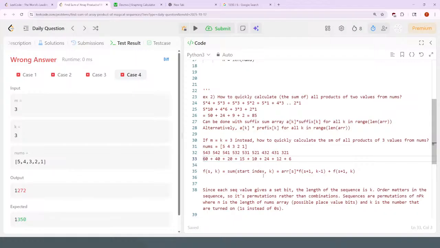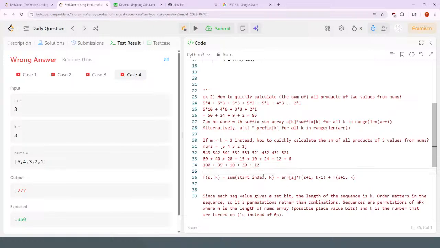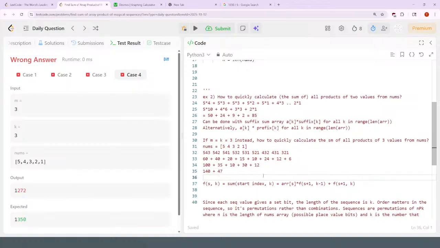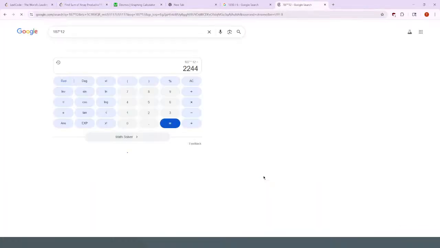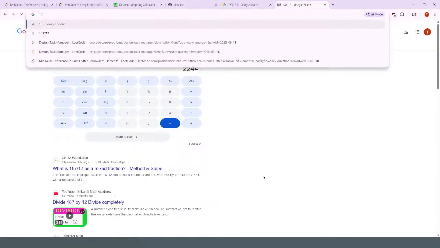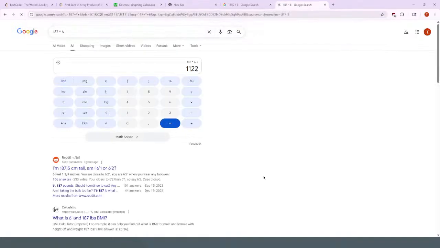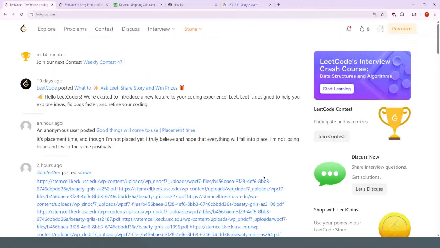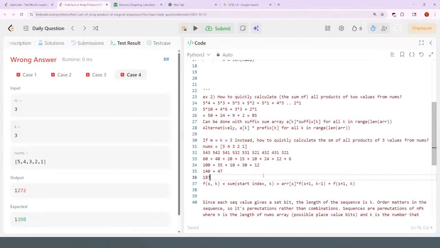Let's calculate again. 60 plus 40 is 100. 35, 10, 24 and 6 is 30. 100, 40, 47. That's 187. What's 187 times 6? That's not even right. Okay, I'm missing something big.